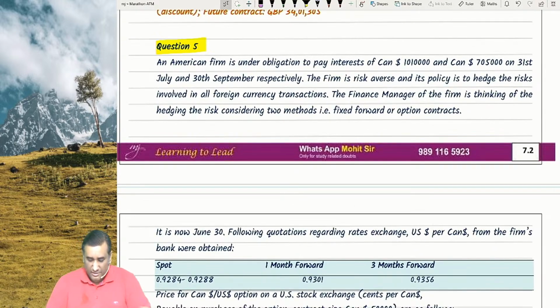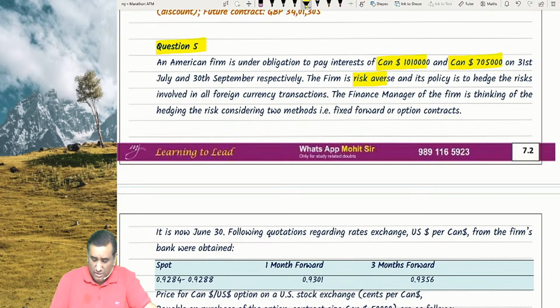An American firm is under obligation to pay interest of dollar 10 lakh on 1st July and 30th. The requirement is in Canadian dollars. The firm is risk averse.